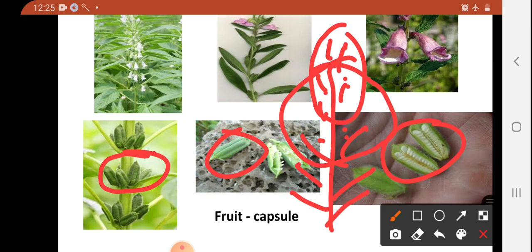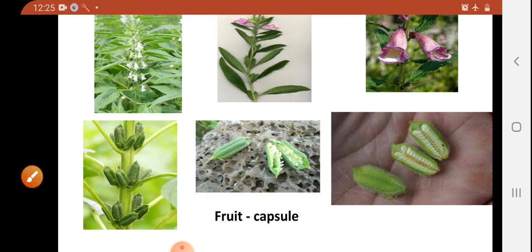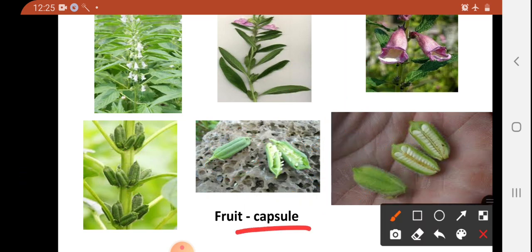So this fruit is called a capsule. It is again important for objective type questions. It looks like a capsule, and this capsule has four compartments. You can see here one capsule is divided into two compartments, and here these two and these two.